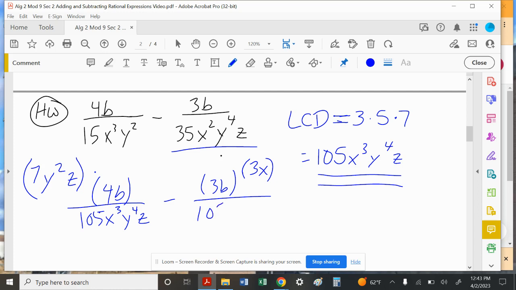All over 105x cubed, y to the 4th, and z. Remember, we're really multiplying 3x over 3x. So when I multiply this by 3x, I get this down here. And on the other side, I'm multiplying the top by 7y squared z, and I'm also multiplying the bottom by 7y squared z.